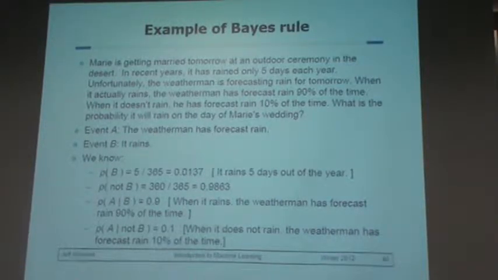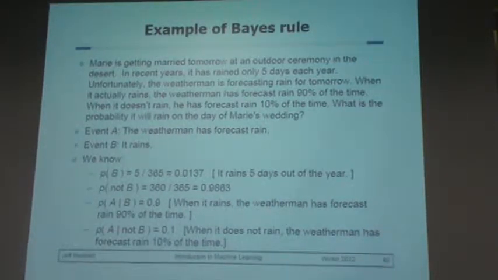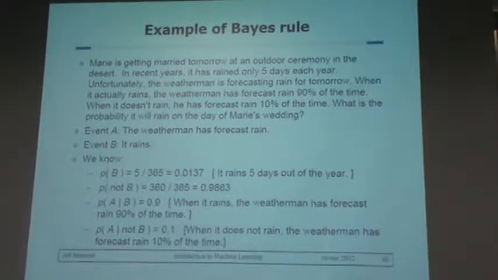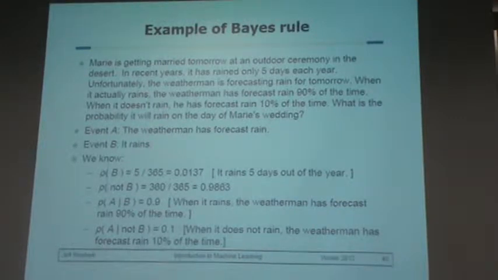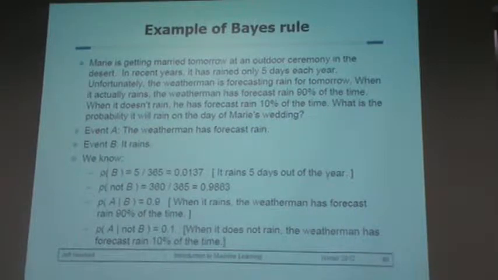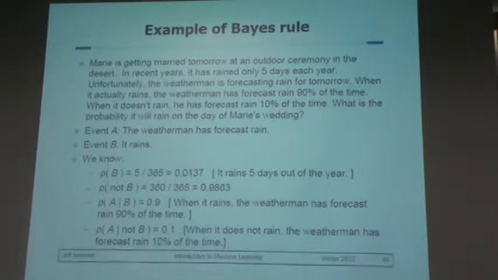When it rains, B is the variable for rain, and A is the forecast of rain. The weatherman has a forecast of rain. For example, the weatherman forecasts rain tomorrow.